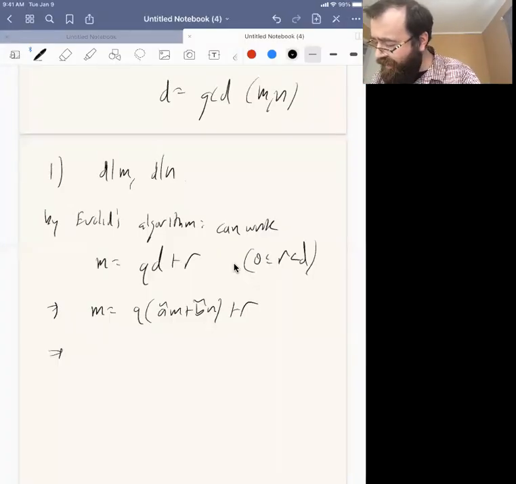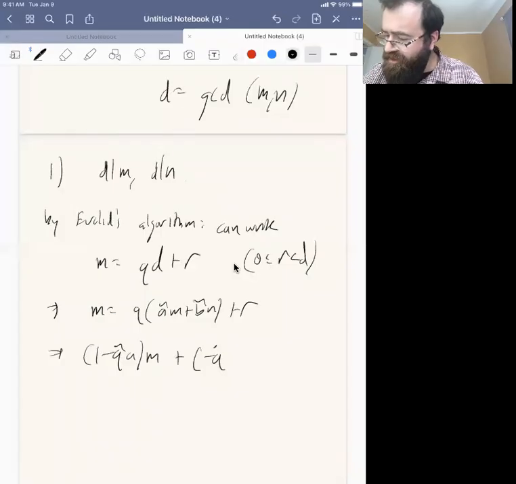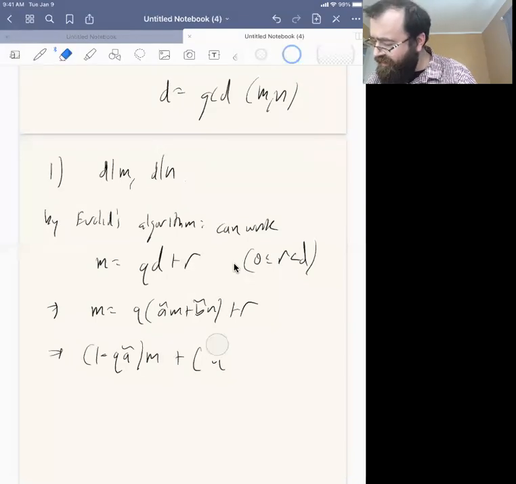I get (1 minus QA tilde) M plus (minus QB tilde) N is equal to R.